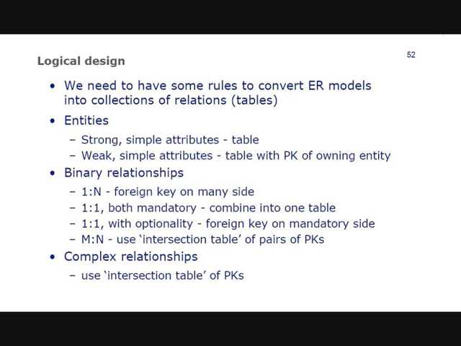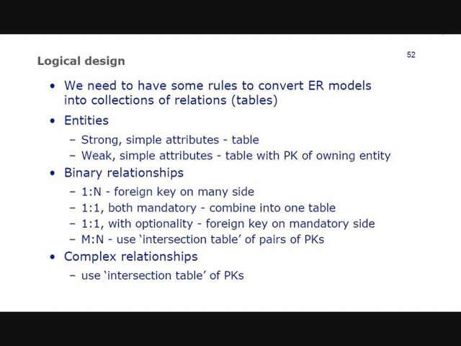Okay? If they are one-to-one with optionality, then they stay separate, but I put the foreign key in the mandatory side of the relationship. And if they are many-to-many, I need to break them down. So I cannot model that into a relational model.